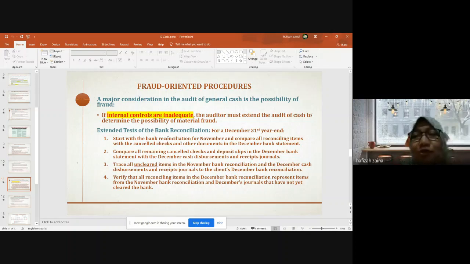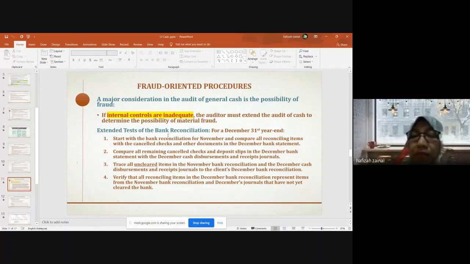So don't think that auditing the bank record looks easy, because it also involves elements of possible fraud. Fraud-oriented procedures refer to the areas where fraud could possibly happen, the areas that could create the possibility of fraud.